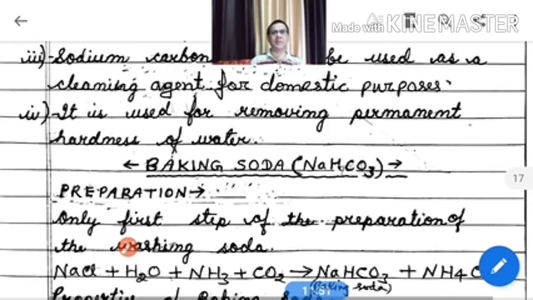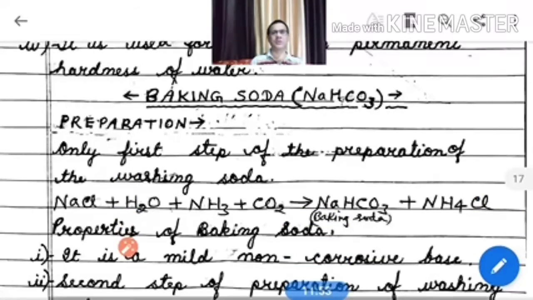Now see, our next topic is baking soda. In the preparation of baking soda, what do we write? We write only the first step of the preparation of washing soda. And what was the first step? That is NaCl plus H2O plus NH3 plus CO2 gives NaHCO3.